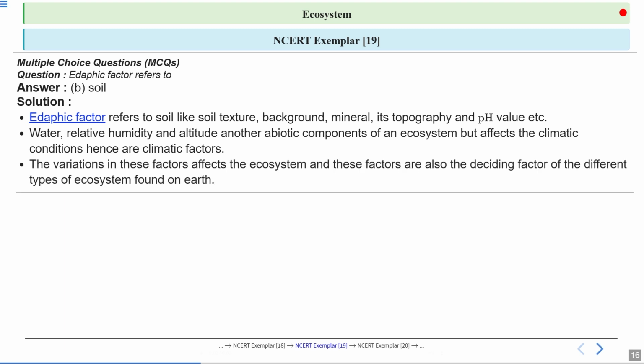Variation in edaphic and climatic factors leads to different types of ecosystems around the world. For instance, a desert ecosystem has very different soil and climate conditions compared to a rainforest. Understanding these factors helps us appreciate the diversity of life on Earth and the delicate balance that sustains it.